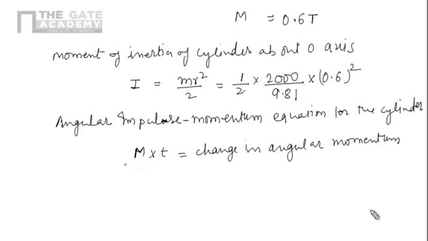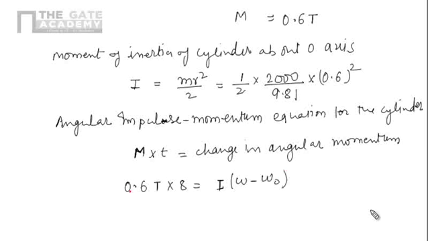So here we know the moment M is 0.60, and we have time, that is 8 seconds, and angular momentum is I omega naught.